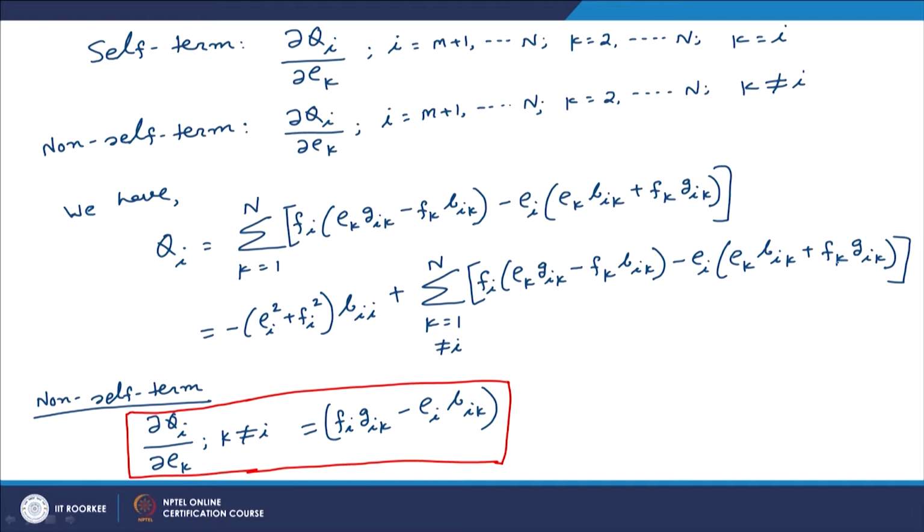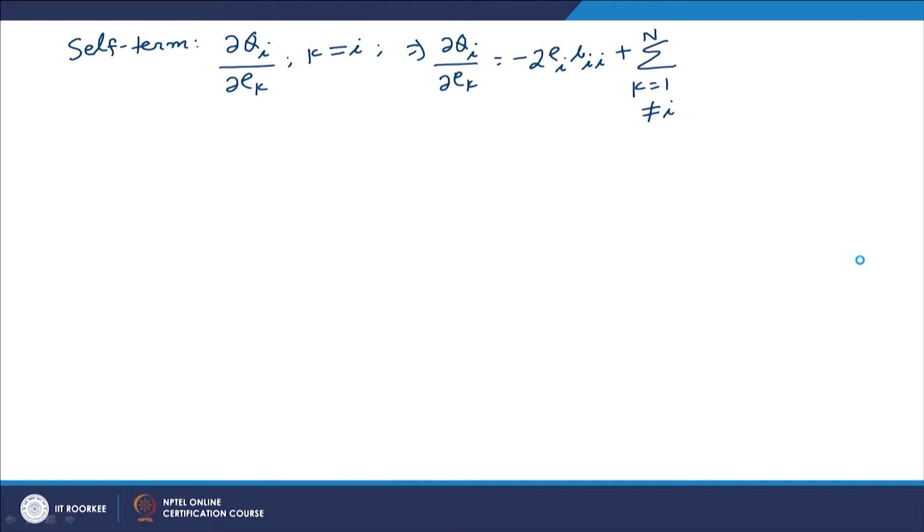So, only this term will remain. So, Ei, so minus Ek Bik minus Fk Gik. So, it would be minus Ek Bik plus Fk Gik.